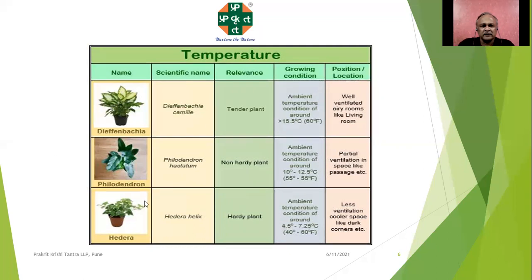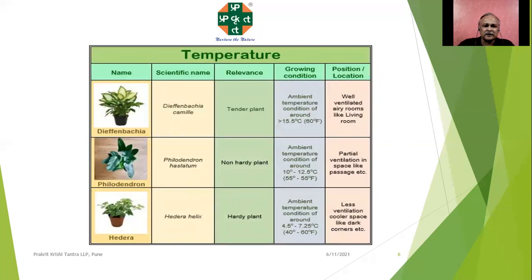And because these are indoor plants, I have taken the indoor plants specifically to convey a message. These plants can be kept in the living room where proper aeration is there, and the temperature is also not exactly like outside temperature, but slightly lower than outside temperature, but more or less constant, normal or above normal temperature is there.